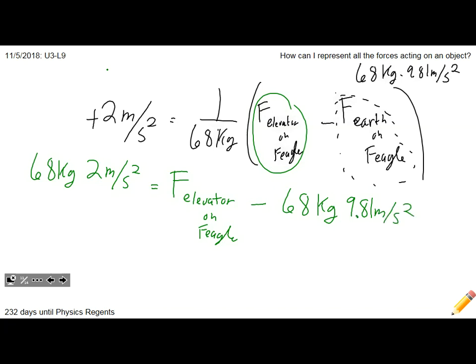And then I would add this to the other side. So then I'm going to get some number that is bigger, because I am now adding. And that's how the normal force can be bigger than the weight.